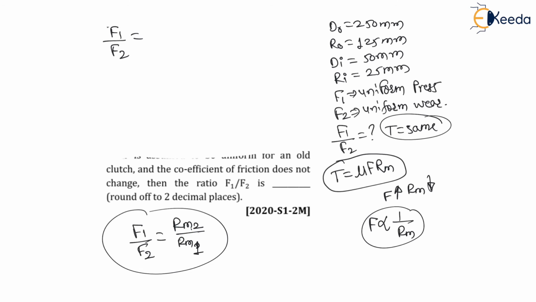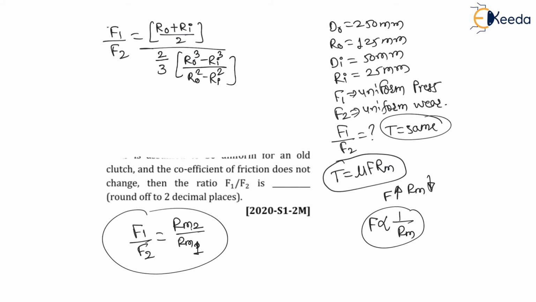as per uniform wear theory, the mean radius of friction is (outer radius plus inside radius) divided by 2. This is RM2, whole divided by RM1. As per uniform pressure theory, the mean radius of friction is 2/3 times (RO cube minus RI cube) divided by (RO square minus RI square).